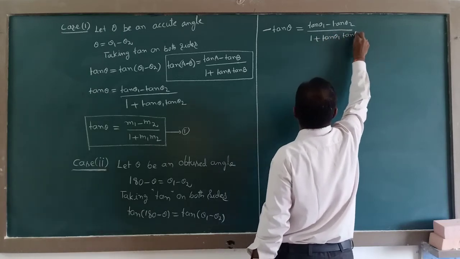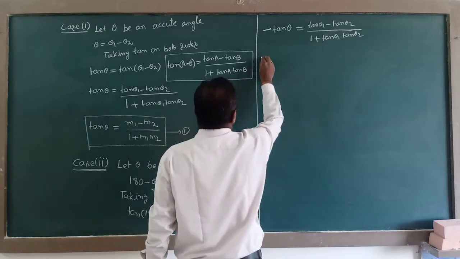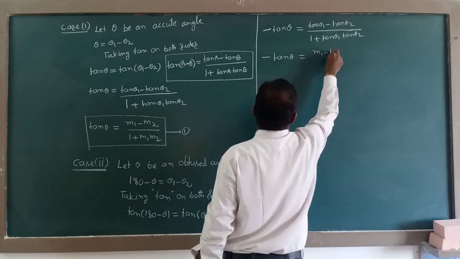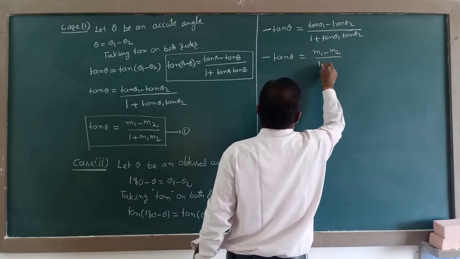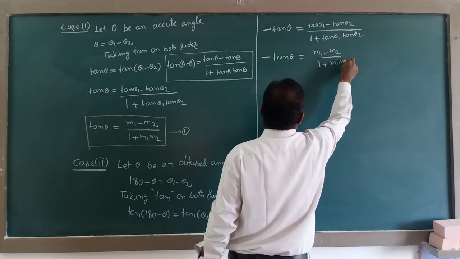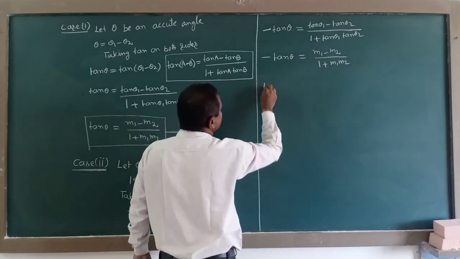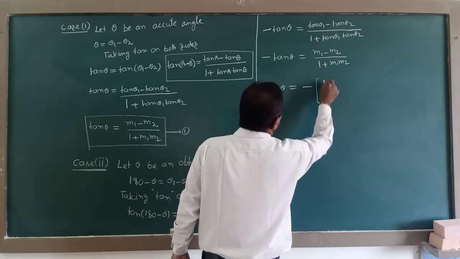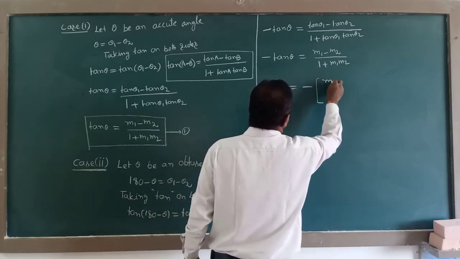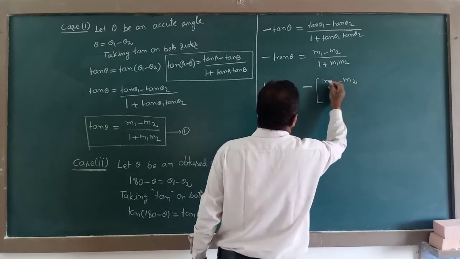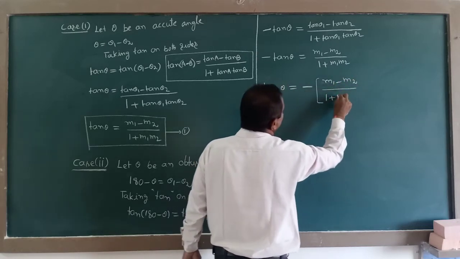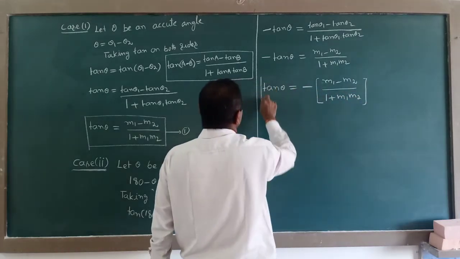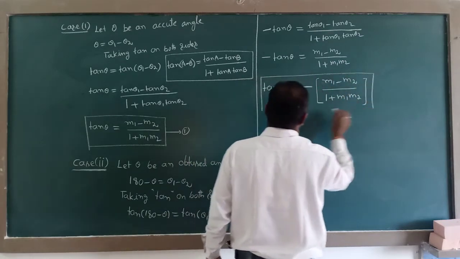Here, minus tan theta is equal to m1 minus m2 whole divided by 1 plus m1 into m2. Multiplying by minus on both sides, tan theta is equal to minus of m1 minus m2 whole divided by 1 plus m1 into m2. We represent this as equation number 2.